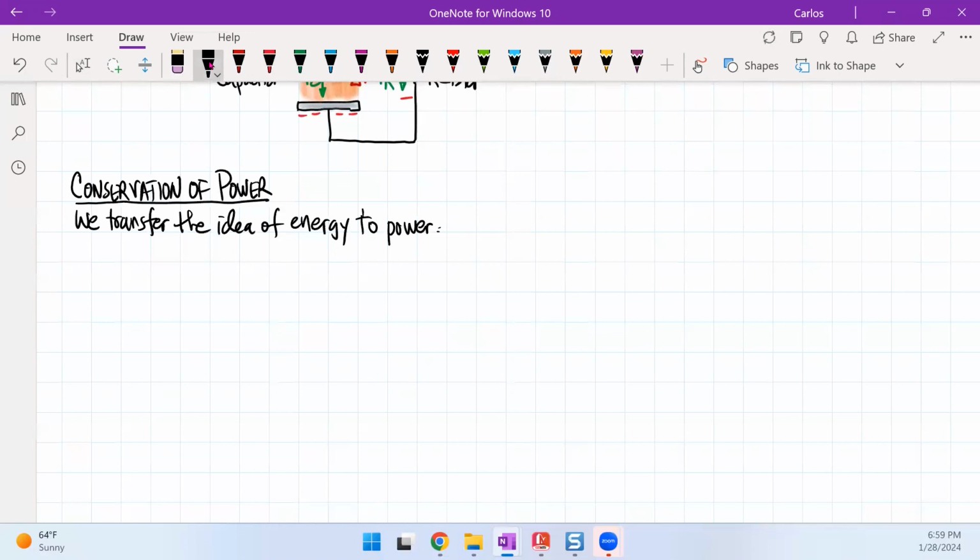That is, if I think about conservation of energy, we are now going to move this to conservation of power, because the rate of energy per unit time should be the same as conservation of power.